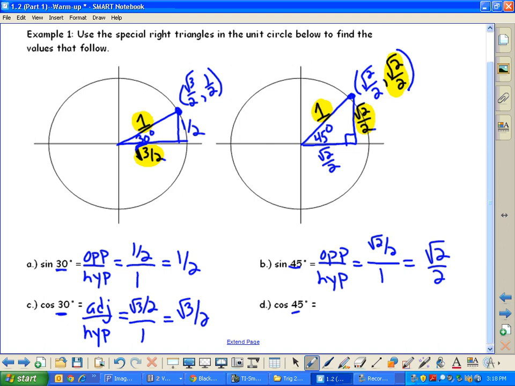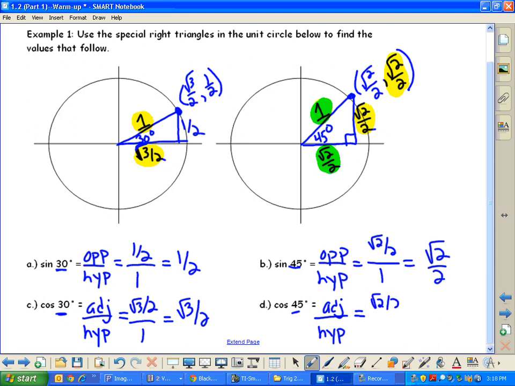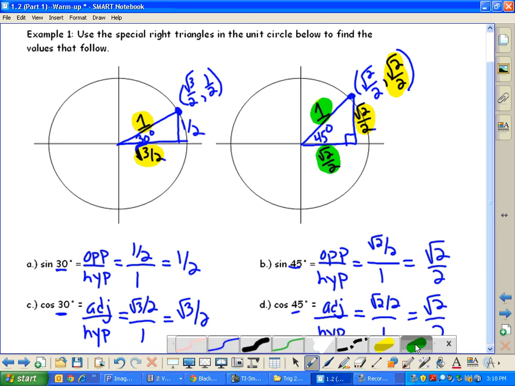The cosine is going to be your adjacent over your hypotenuse. Adjacent over hypotenuse in this case is going to be the square root of 2 over 2 divided by 1 again. Square root of 2 over 2 divided by 1 is just the square root of 2 over 2. So in that regard, I probably just could have looked at the x coordinate to begin with to evaluate the cosine of 45.